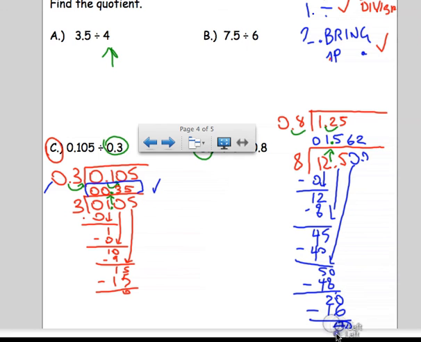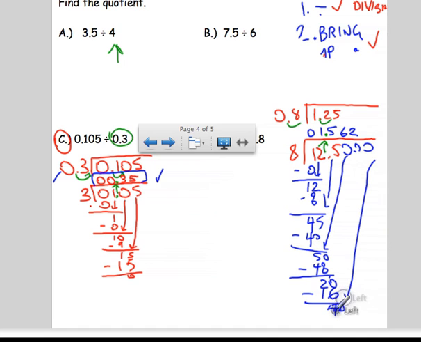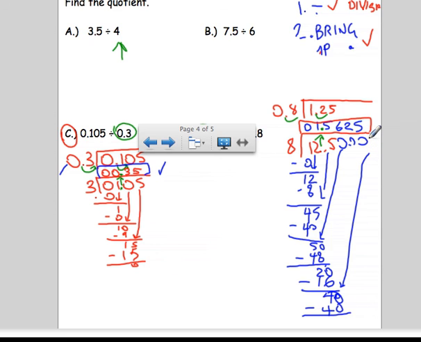I have 4. And bring down one last 0. And I have 40, and 8 goes into 40 5 times. 40, subtract, I have nothing left over. So your final answer there should have been 1 and 5,625 10,000ths.